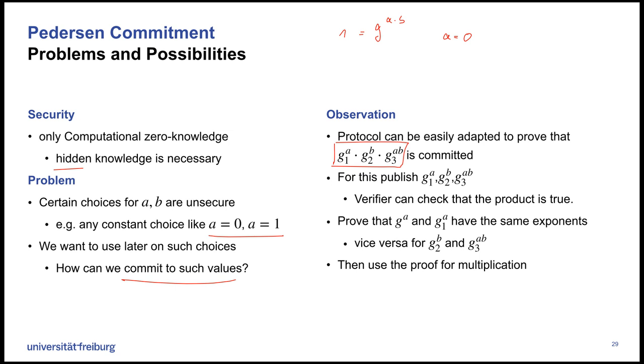And this fixes that you have to choose A, B, and AB. You can prove that this is the case if you just publish the values afterward. You see the multiplication, it works. And then you can prove that they have the same exponent. And when you're done, you have a proof for AB. So you can start building up proofs for that.